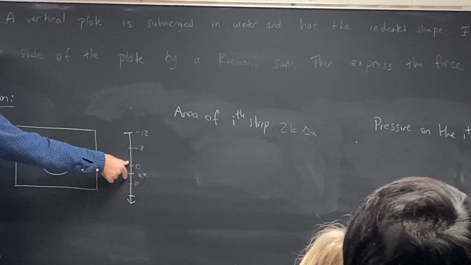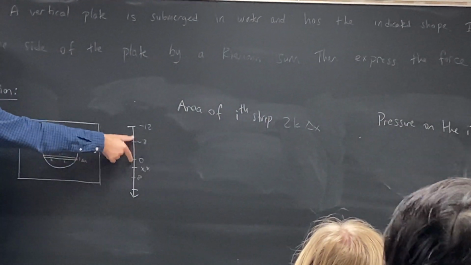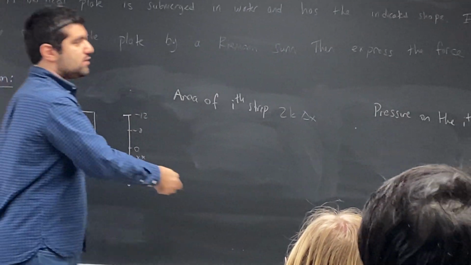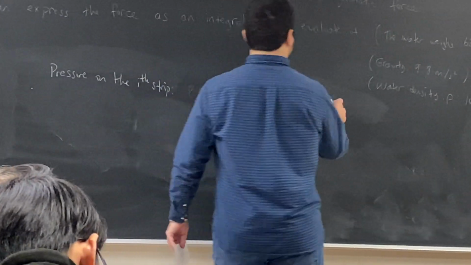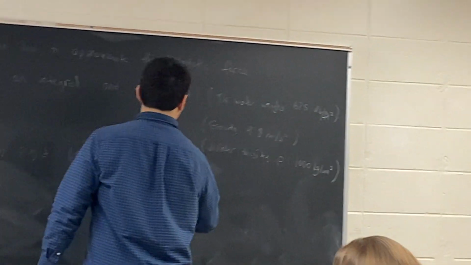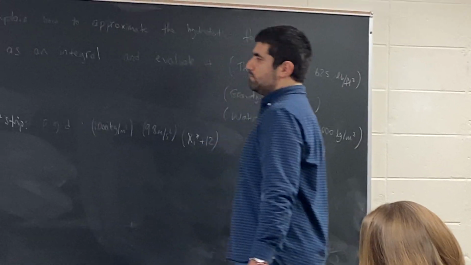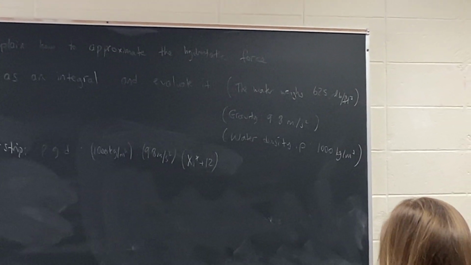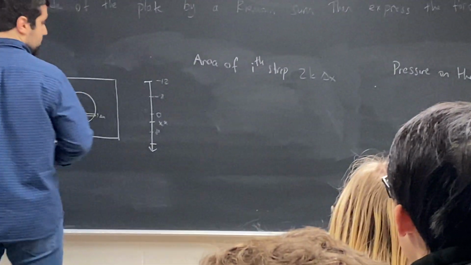So what is this distance? What about this distance? 12, right? So it's going to be xi star plus 12. Does it make sense? Again, we're trying to find the distance from the strip to the surface.